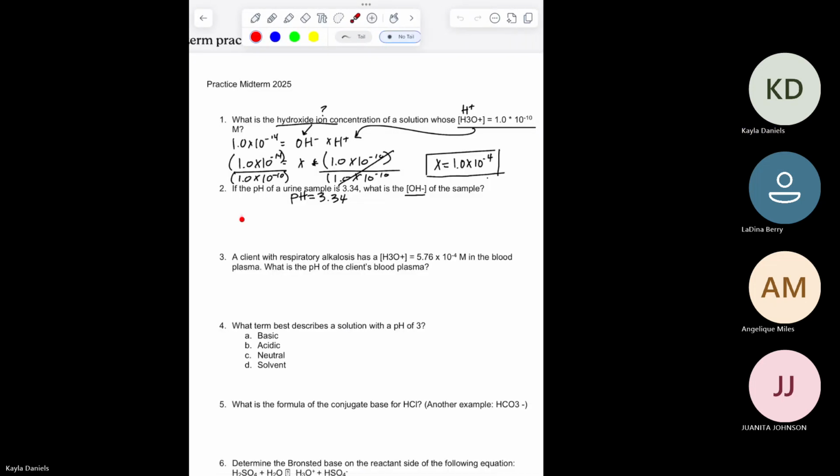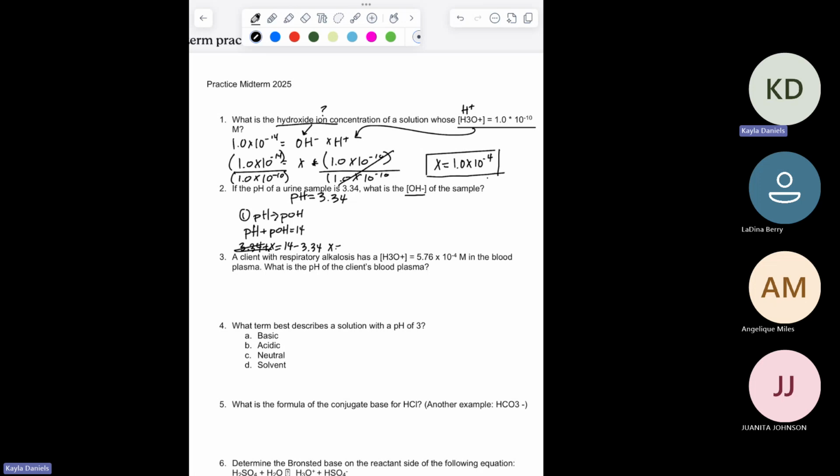going from pH to POH. That formula is pH plus POH equals 14. So I have my pH 3.34 plus X equals 14. Subtract 3.34 from 14 to get X by itself.